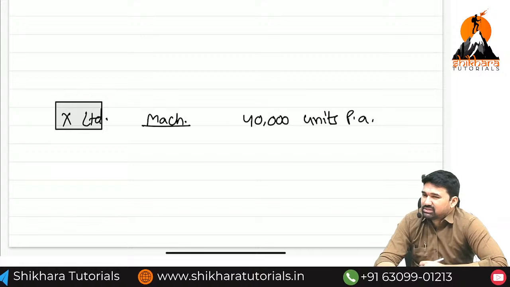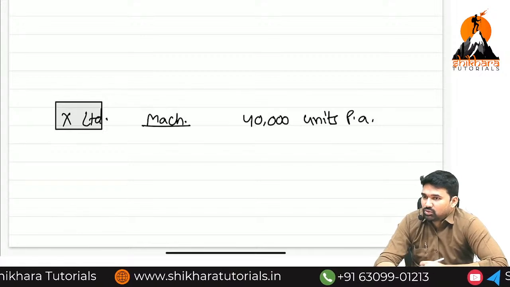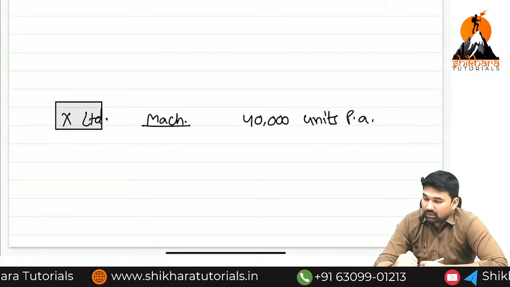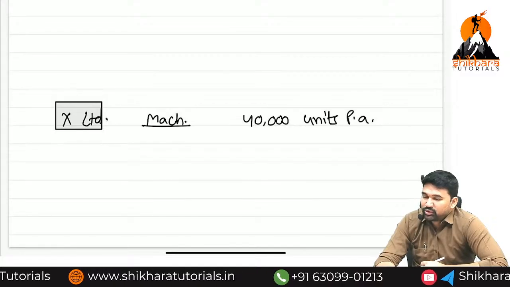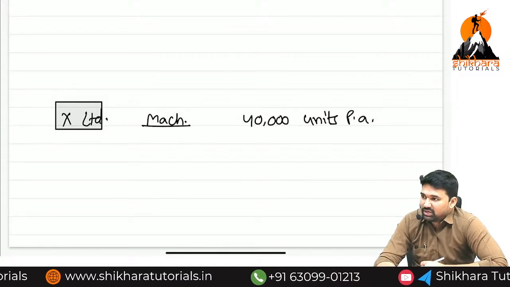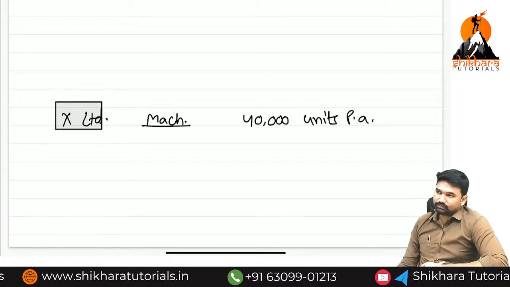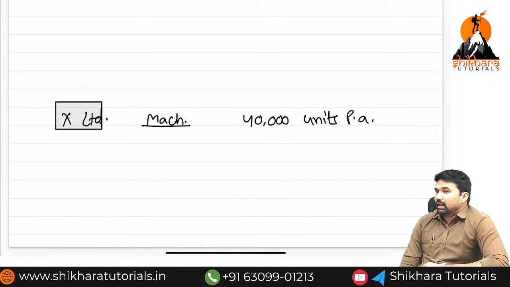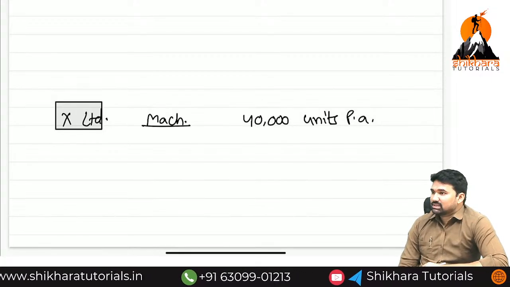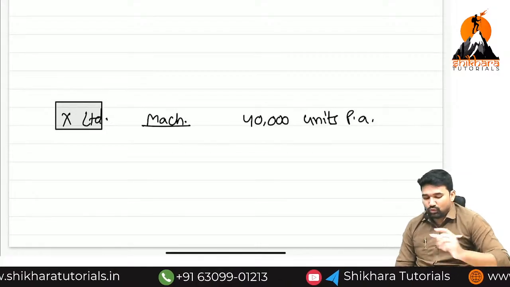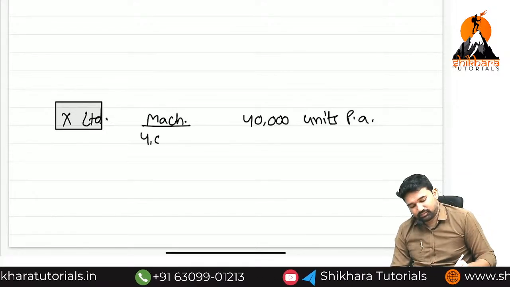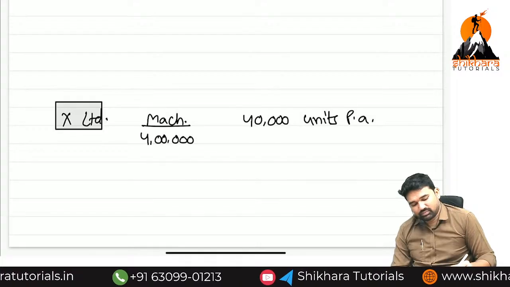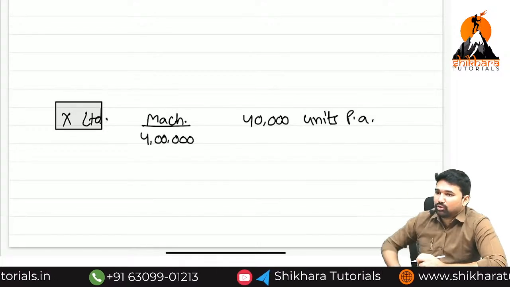Per annum means 1 year. So in a given year, how many units will be produced using the machine? 40,000 units. Listen carefully. The machine cost is 4 lakh rupees.